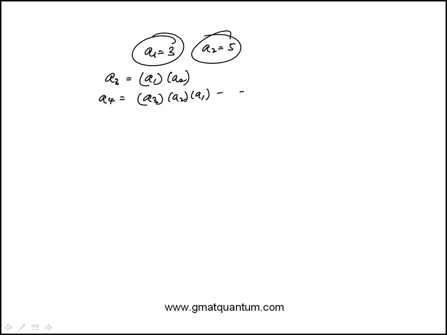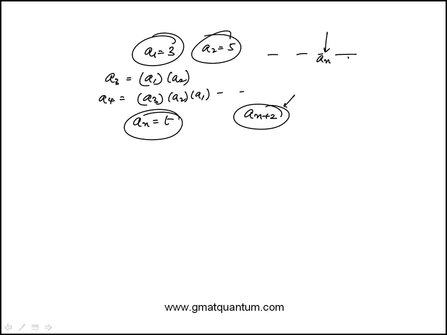And they tell us that the nth term is t, and they want to know what is the value of the n plus second term, meaning whatever the position is for an, the next term would be an plus 1, and then after that would be an plus 2. They want to know what that would be in terms of t.